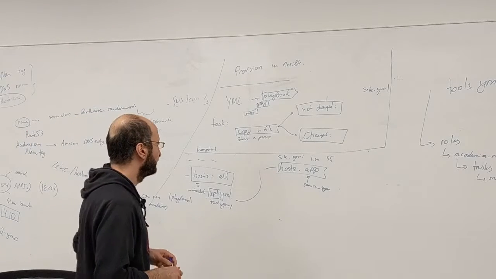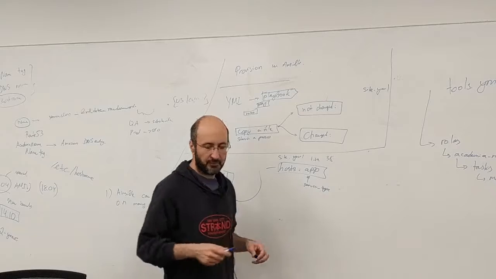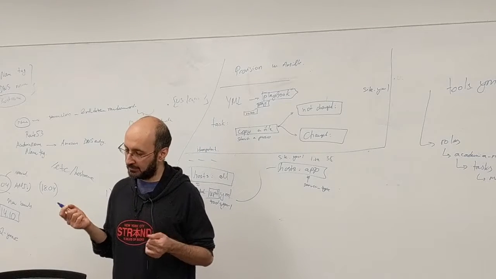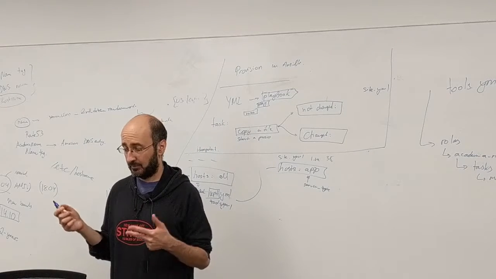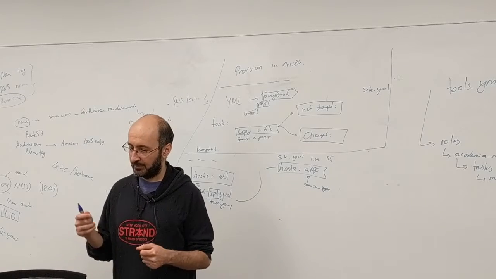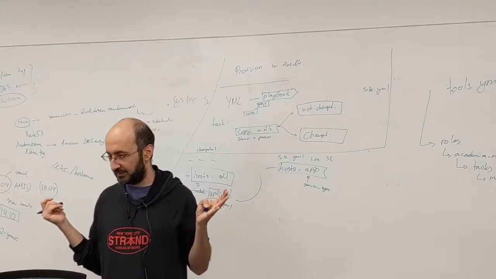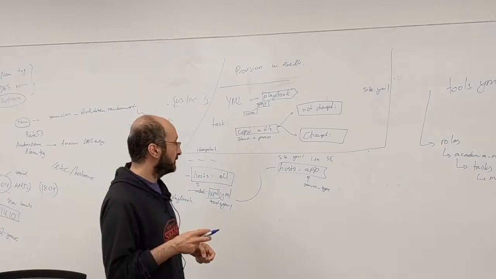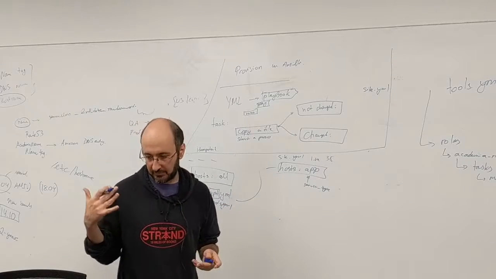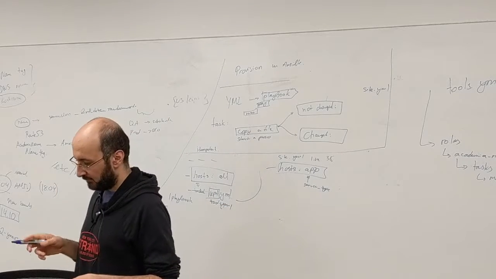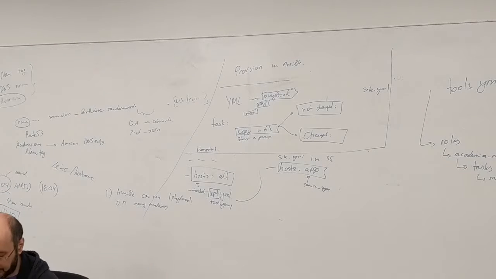So in this case, for hosts app, what do we have? We have role Rails, role Unicorn, role Nginx Unicorn, role Bruce, and role Instance Health Check. What does that mean? That means that those 5 roles, so remember what are roles? Roles are chunks of Ansible code that we run.